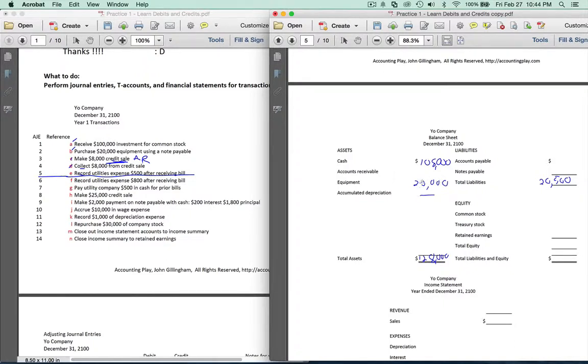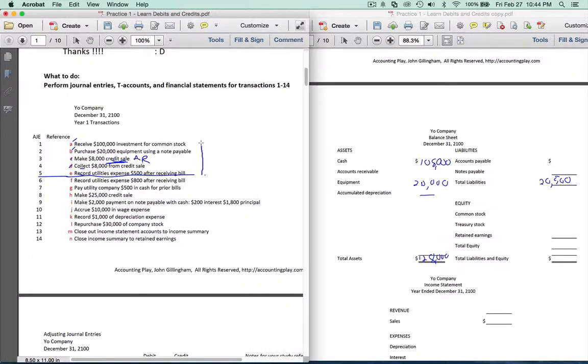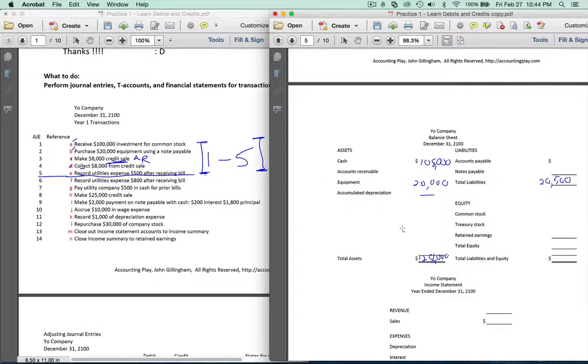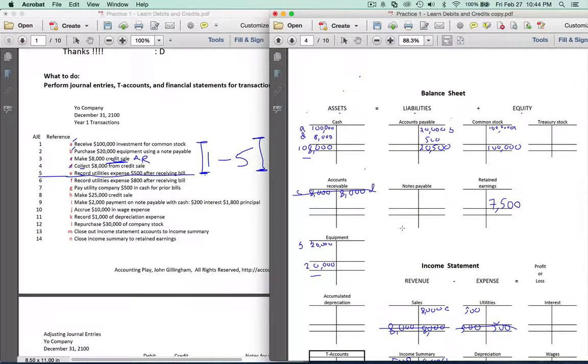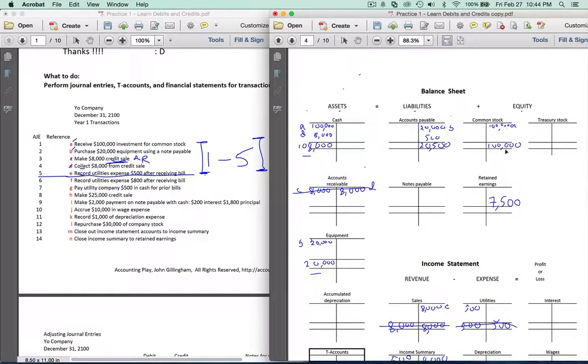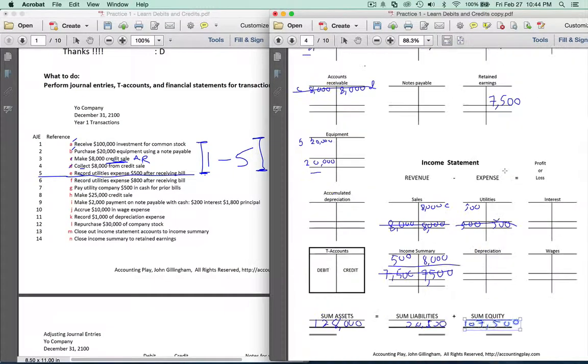No depreciation. Now just remember, these are only this many transactions, okay? These are transactions 1 through 5. None of this other stuff. So this is just to get you started with the worksheet. Equity, we have common stock of 100 up here. Retained earnings of 7,500 down there.